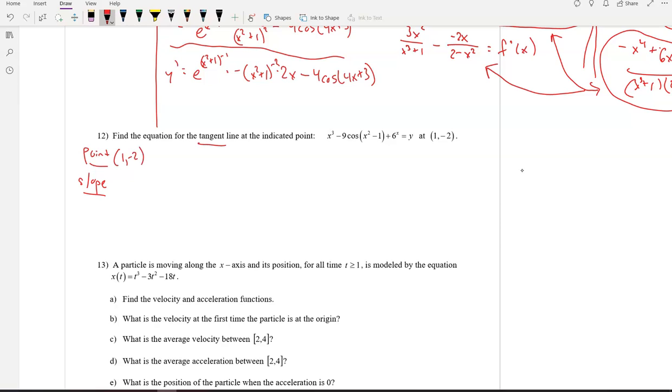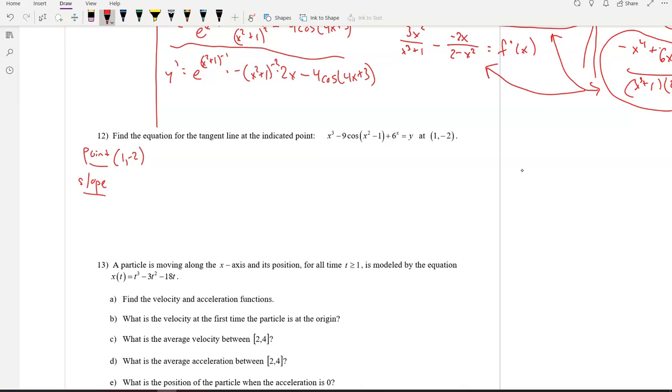How do we find the slope of the tangent line? What does that require us to do? And once we take the derivative, then what? Yeah, we're going to plug in our point. Since our derivative is only going to be in terms of x, we just need to plug in the 1.